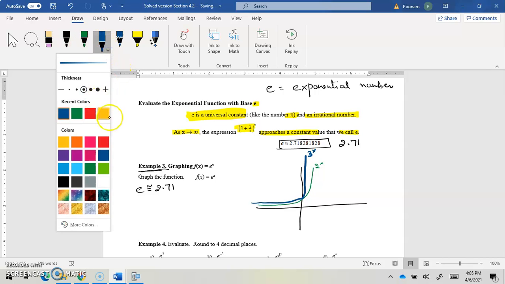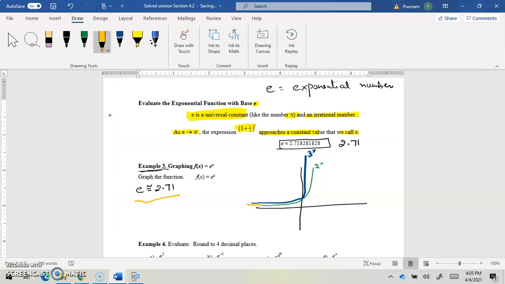So we can say that if we have the graph of e raised to power x, it would be passing somewhere between this 2 raised to power x branch and 3 raised to power x branch. Why? Because e, which is 2.71, lies between 2 and 3. So its graph is going to lie between these two branches of the exponential function.